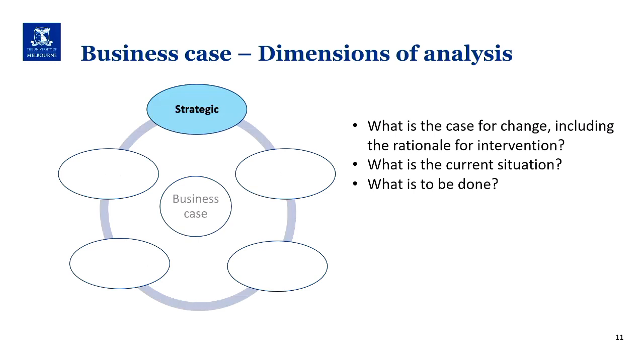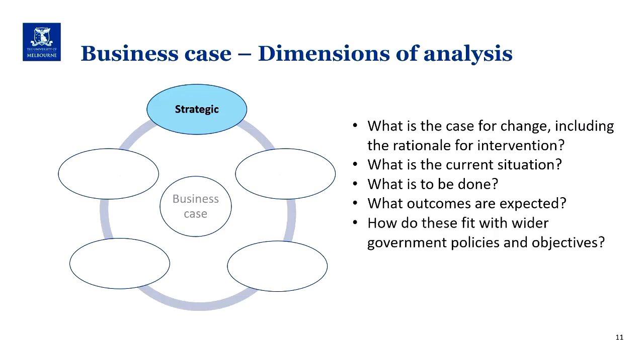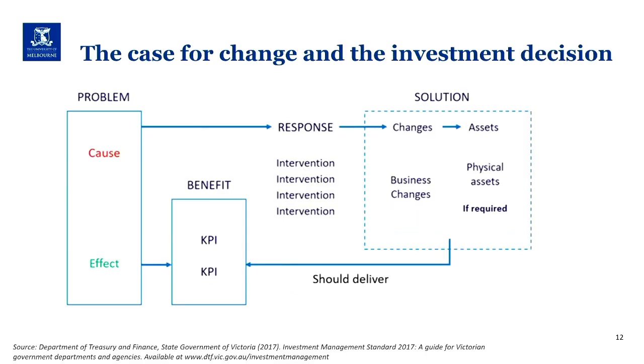Remember that we were talking about how the system is in a specific state, and then you have another state that you want to transition to in order to improve something, and what you need to do to get to that state. What outcomes are expected, and how do these fit with wider, well, in this case, because it's the Green Book, it's more focused on the government part, so how these fit with wider government policies and objectives.